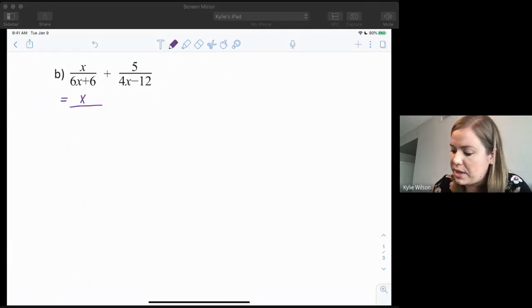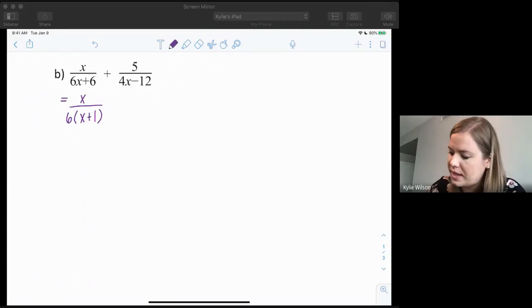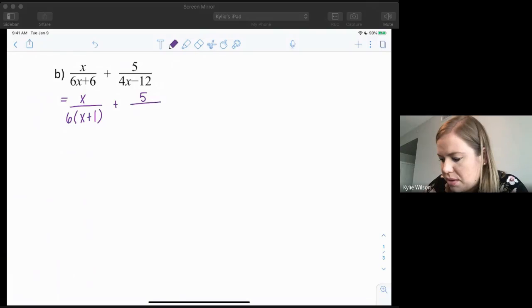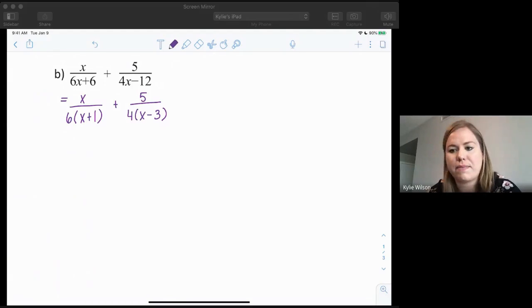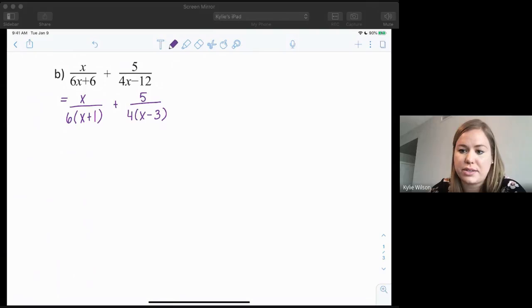On the bottom, we'll take the 6 out, and we'll have x plus 1, like that. For the second one, I can't do anything with the 5. And for the bottom, we can take out a 4, x minus 3, like this. So all I've done is factor out as much as possible.